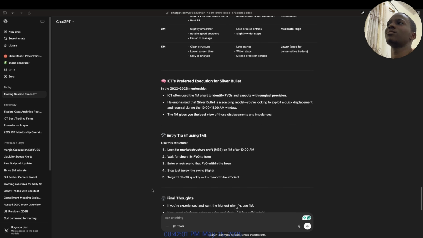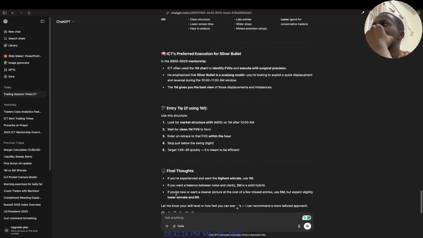So the 1 minute gives a better entry. But if we are looking at 1 minute, we should look for market structure after 10 a.m. Wait for a clean 1 minute fair value gap. Okay, enter on retrace of the FVG. Stop below the swing. Target 1.5 to 3 R quickly. It's meant to be efficient.